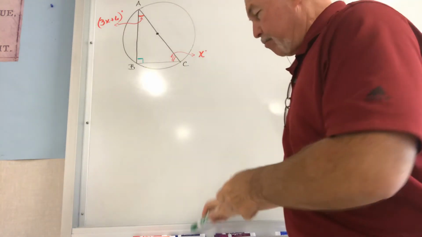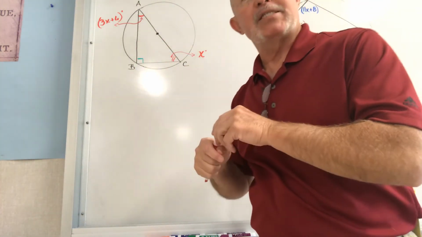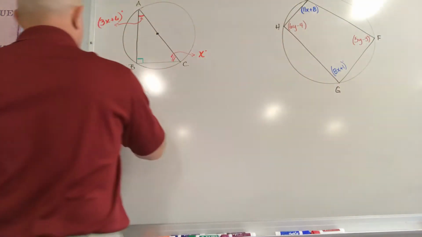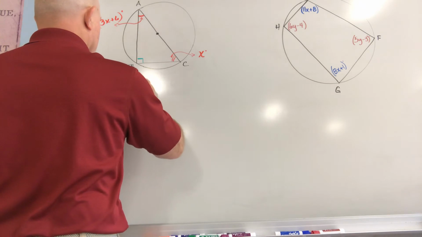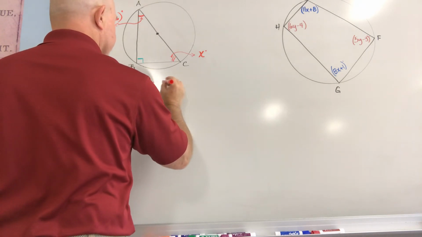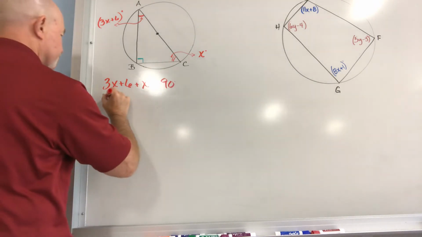We should remember that the acute angles of a right triangle must add up to 90.